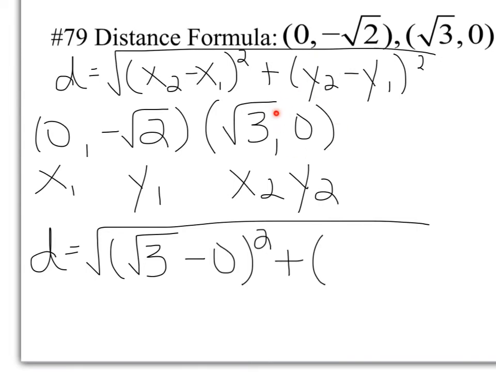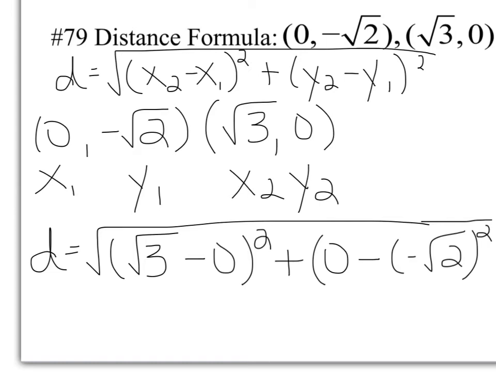My y2 is right here, that's 0. Minus, then I want y1. My y1 is right here, that's negative square root of 2 squared. Okay, so again, be real careful because right here I have minus a negative. So you have to be real careful there.